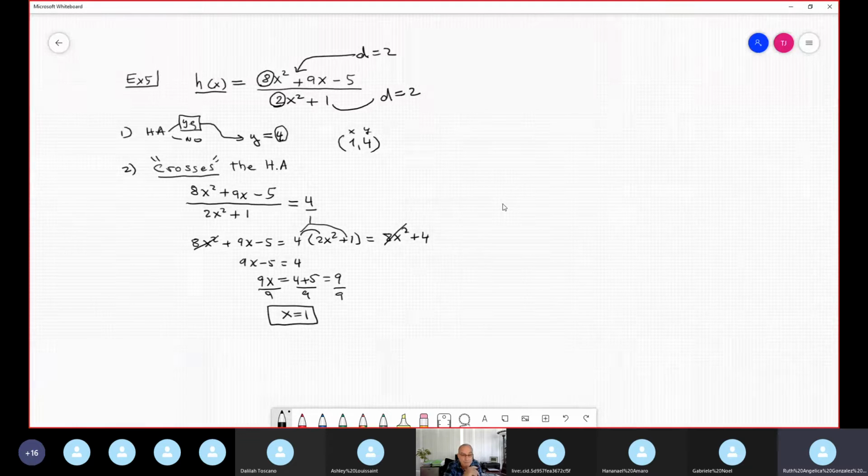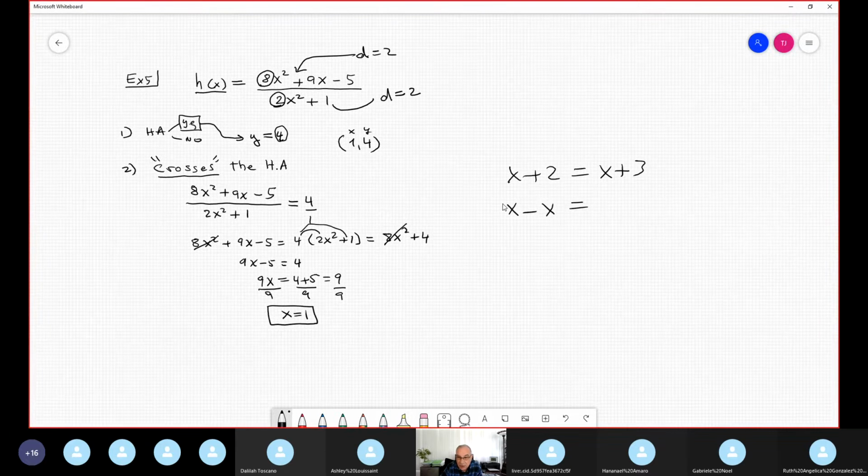I have a question. For example, can an equation that doesn't have a solution be like an imaginary number? Good question. I promise you will see in another example this situation. Not necessarily imaginary. Suppose that my equation is x plus 2 equal x plus 3. Then I move x to the other side.